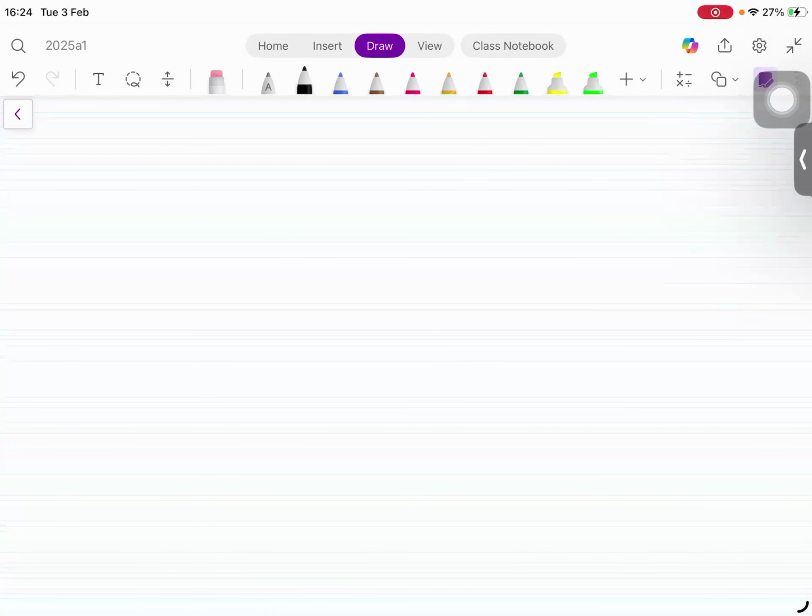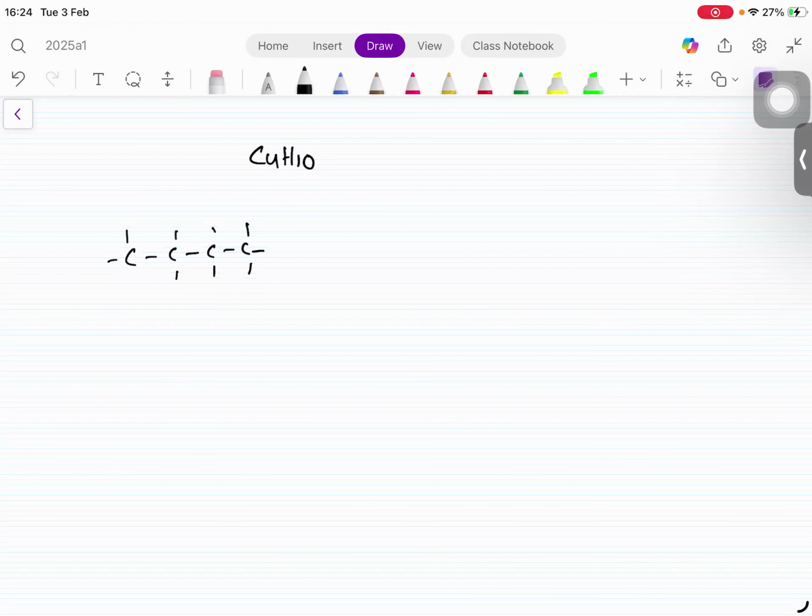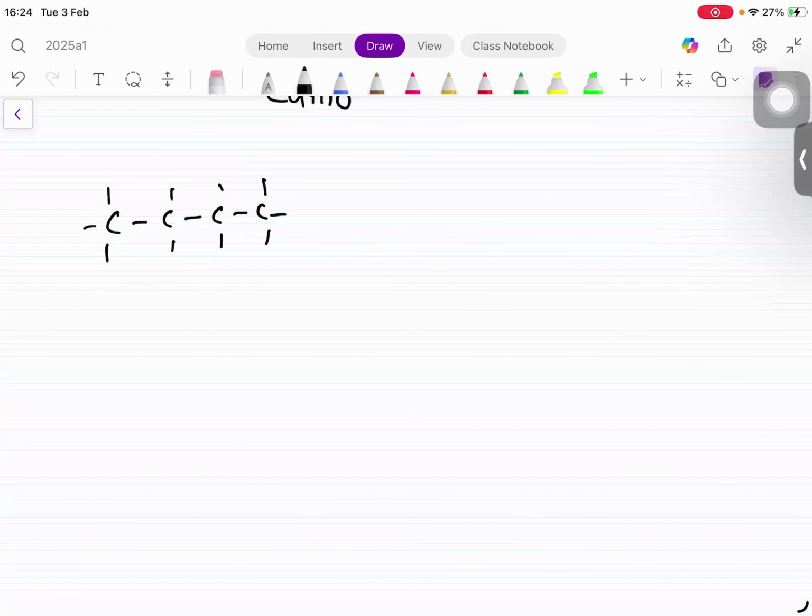Look, if I have a compound C4H10, this is the molecular formula of a compound, looks like an alkane because the hydrogen number is double plus 2. And if I write a structure for this like this, is this C4H10? Yes.